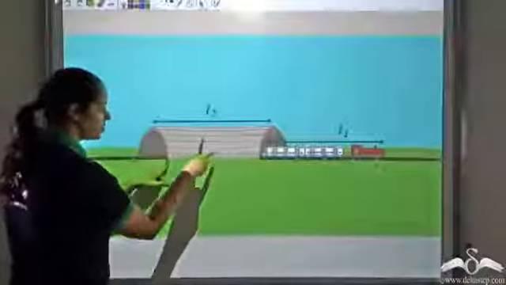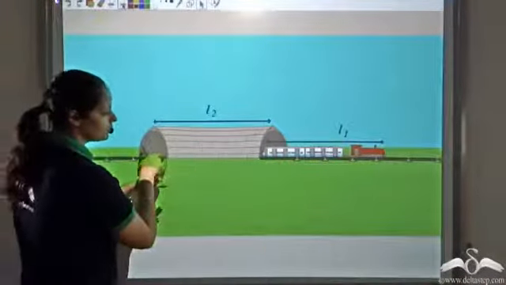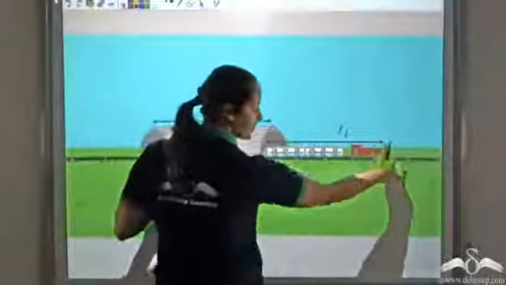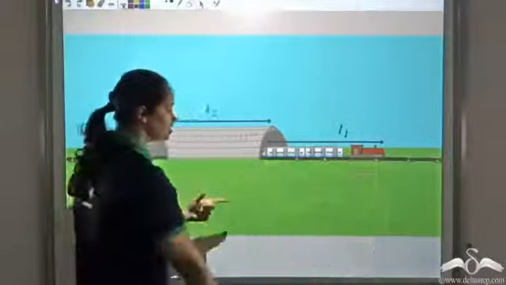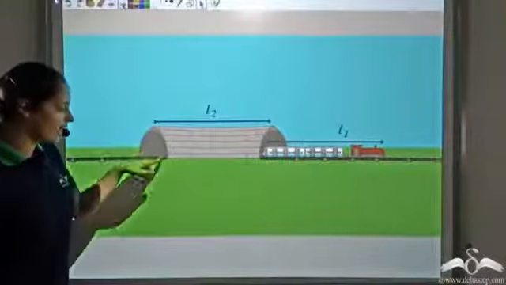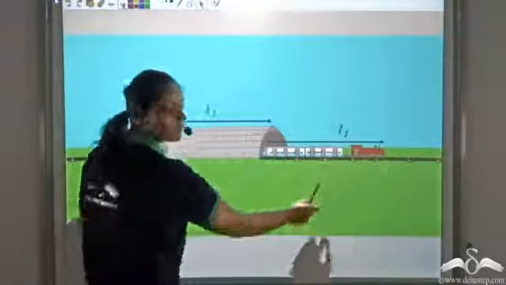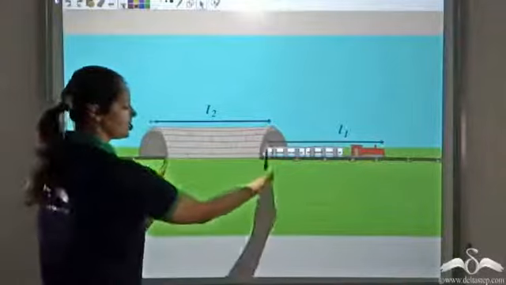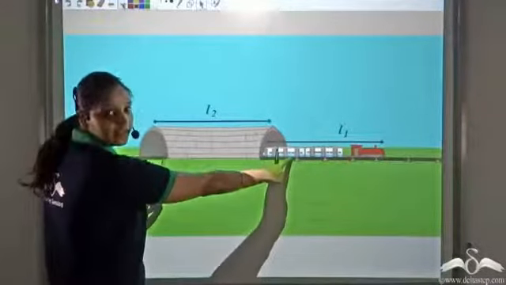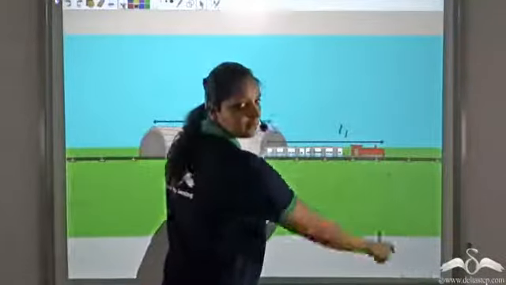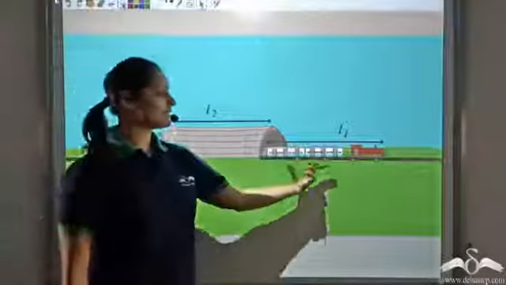To completely cross this tunnel, it had to come out of the tunnel. So the distance it has actually traveled from here to the point where it is completely out of the tunnel is nothing but L2 plus L1.